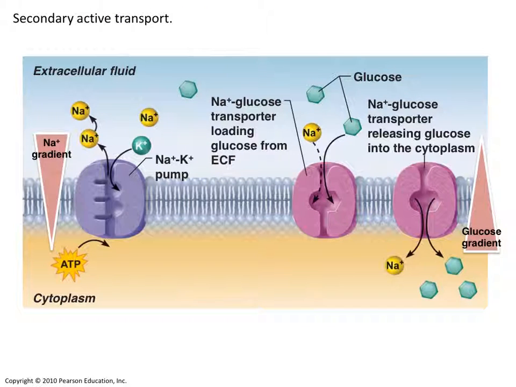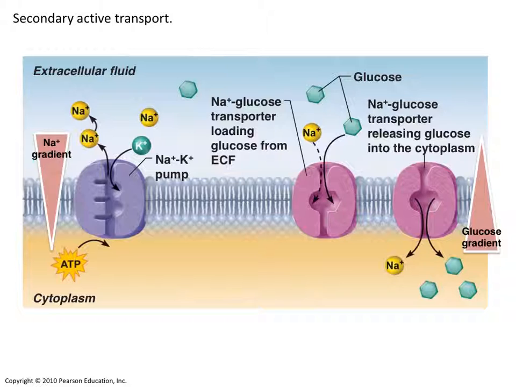The sodium and potassium gradients set up by the sodium-potassium pump can be used by other molecules to carry out secondary active transport. This diagram is showing you an example of glucose transport across the membrane as an example of secondary active transport. So over here we've got the sodium-potassium pump moving sodium outside, moving potassium in.